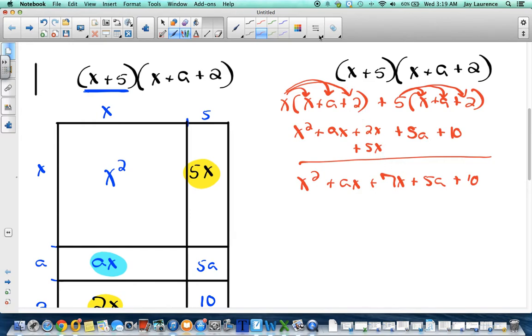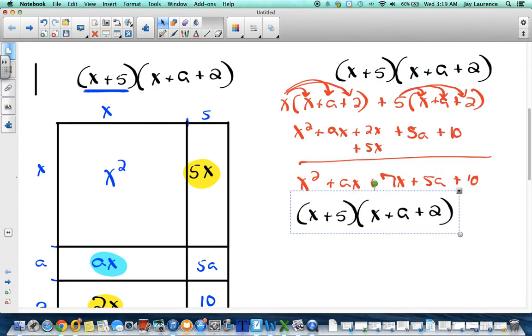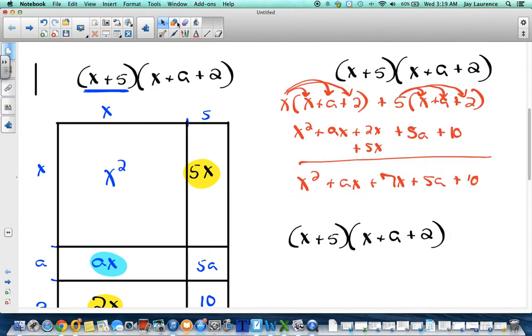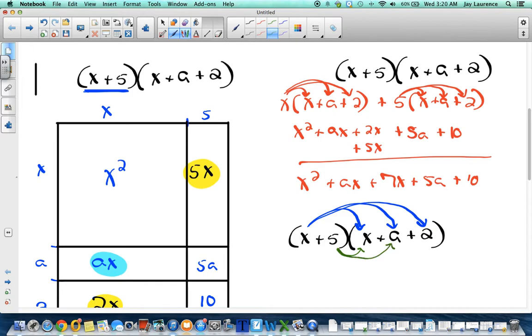Now, you could have done it in one step. You could have taken the problem just like this. Hold on, let me move it down here. And just double distributed right from the get-go. You could have said, hey, I'm going to distribute this x. And then I'm going to distribute the 5. Okay, because that's what I essentially just did.